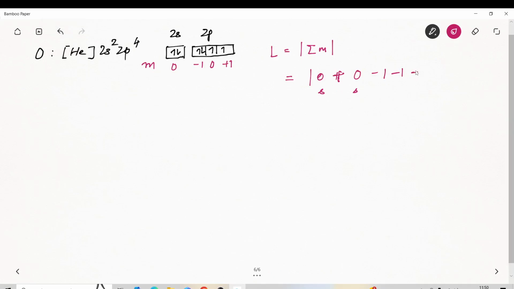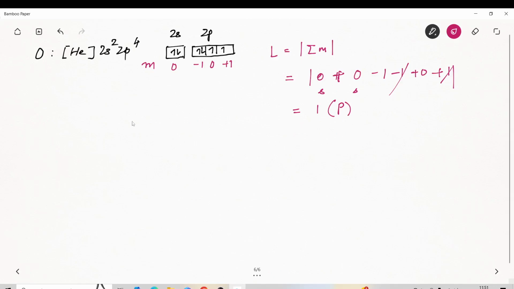Then 0 for this electron, and +1 for the other electron. So what is the value of L? This is 1. দেখো L এর ভ্যালু তো 1 ই আসছে, আর এটা কেটে যাচ্ছে। So L equals 1 means capital P.